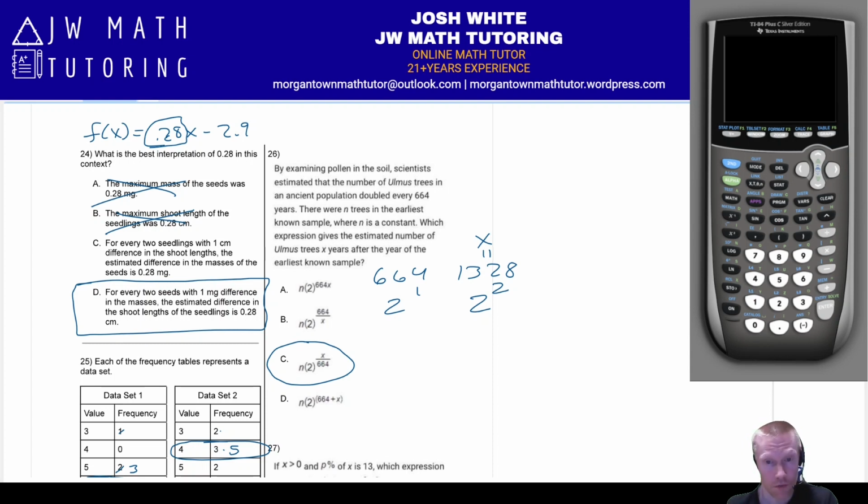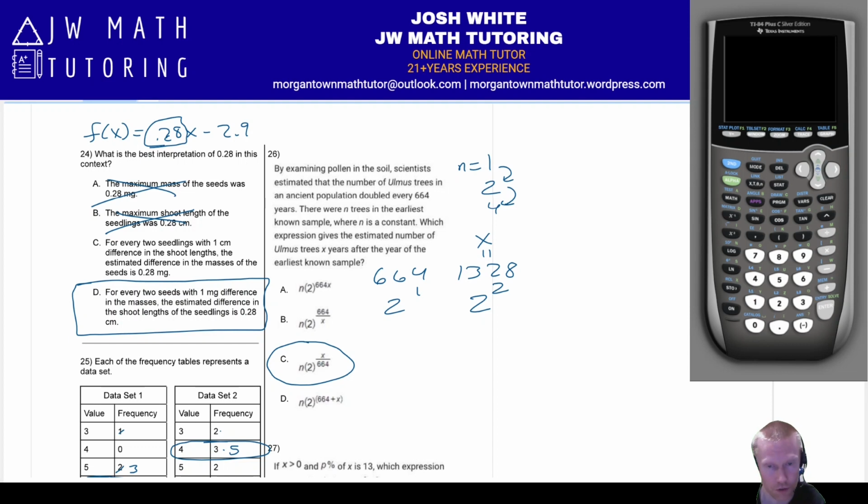For whatever number we start with, you could just let n equal 1, to be honest. So after 2 doublings, 1 is going to double to 2 and 2 is going to double to 4, right? So after 1328 years, you would expect 4 total trees.